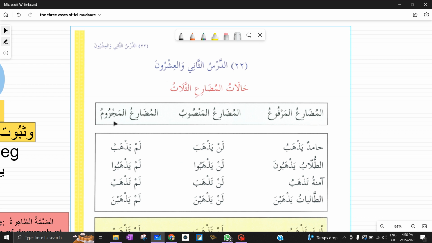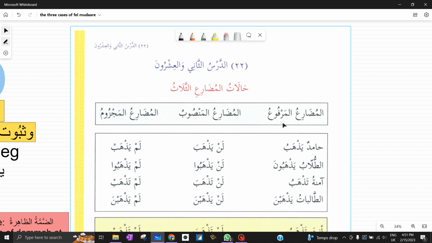As we know, a noun can be marfu, mansoob and majroor. But when it comes to present tense, fail mudare, it's not called majroor, but it's called majzoom. And it is denoted by a sukoon, as you can see here.